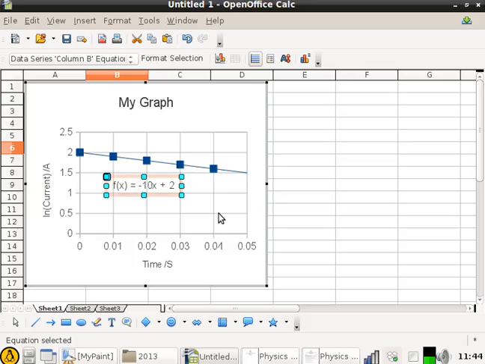Why is it 5 tau? The reason for 5 is because for this graph, after 5 it's a convention. It's just considered that after 5 time constants, it's so small we can take it to 0. The choice of 5 is just a choice people have agreed. It doesn't have any special reason.